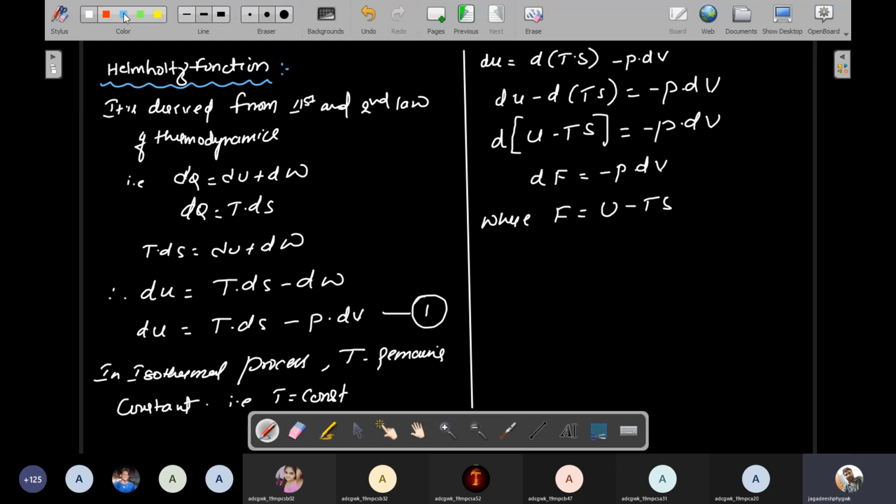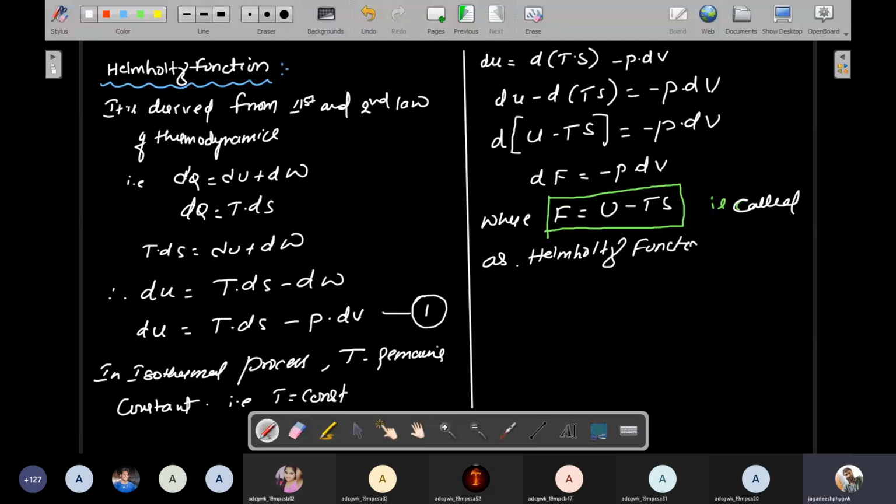So consider F is equal to u minus ts. In place of u minus ts we write capital F. Therefore dF is equal to minus p dot dv, and F is called the Helmholtz function.